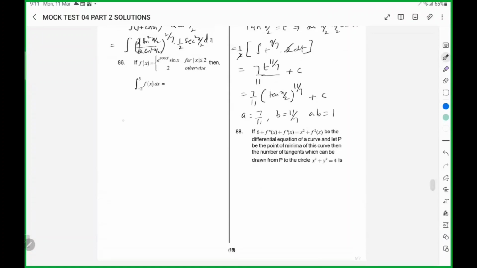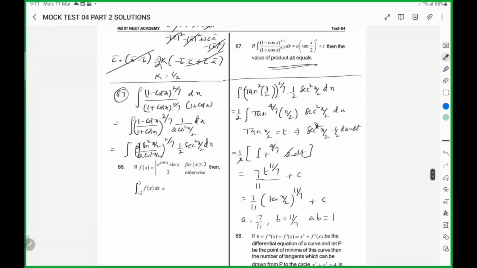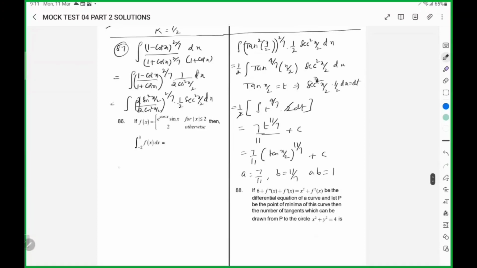Here it is 86th one. Mod x less than or equal to 2 means x lies between. Up to 2 it is e power cos x sin x dx. Plus 2 to 3 is 2dx. F(x) as e power cos x sin x.